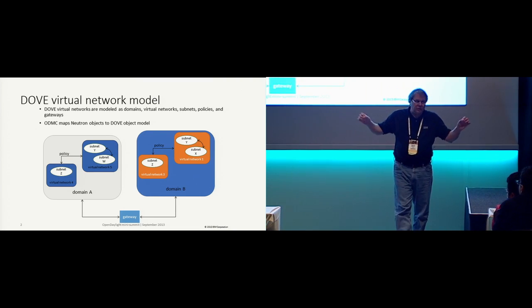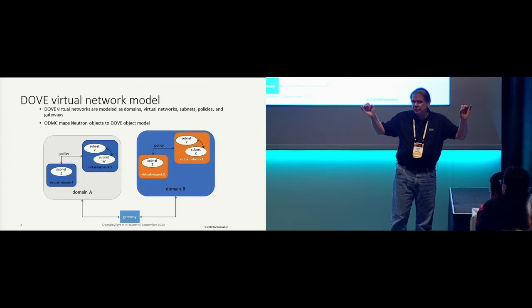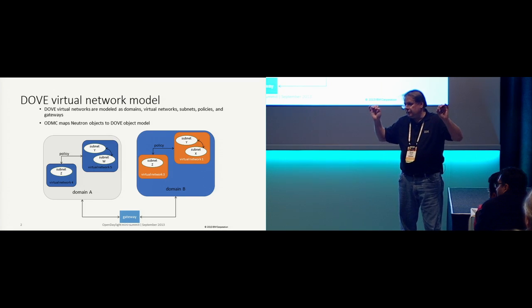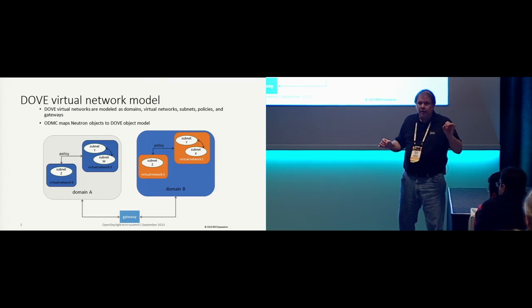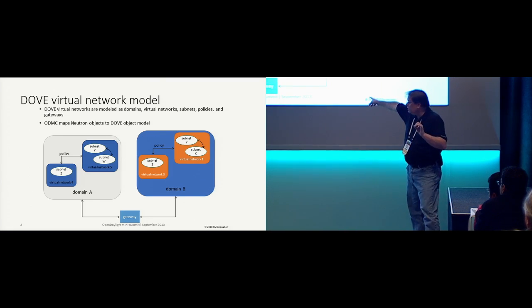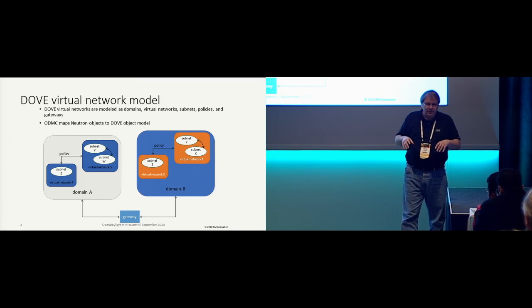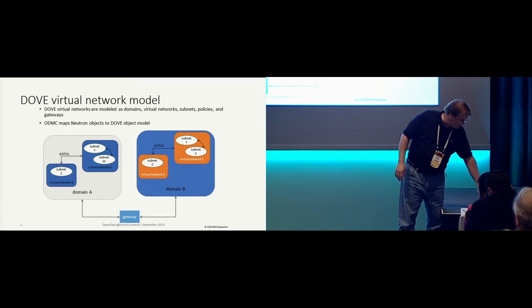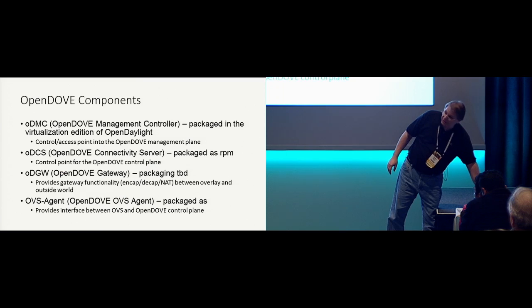I can do lots of policies between virtual networks within a domain, but if I want to cross a domain, I'm going outside the cloud to a gateway, through a gateway, and coming back in. So we have a slightly different view of the world than some of the other people you've heard about.